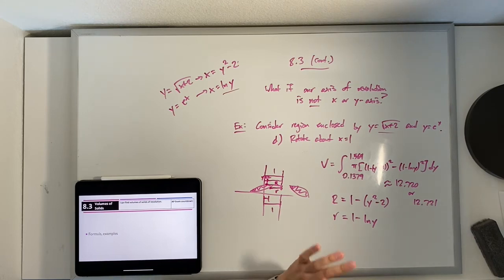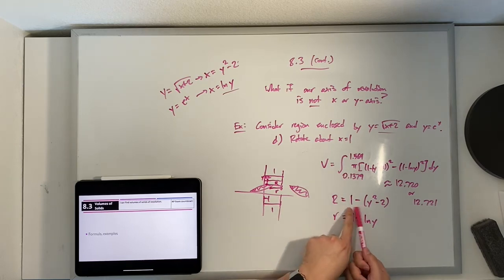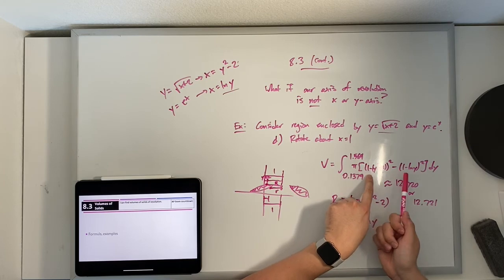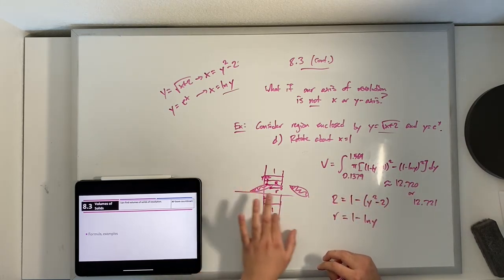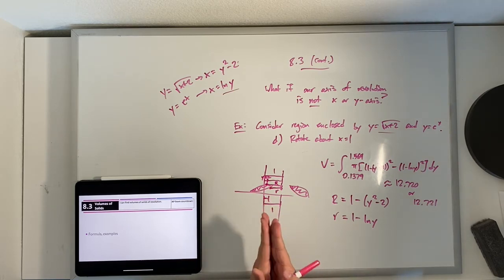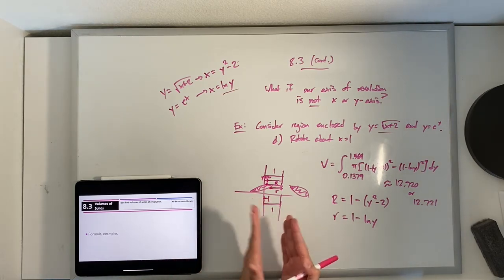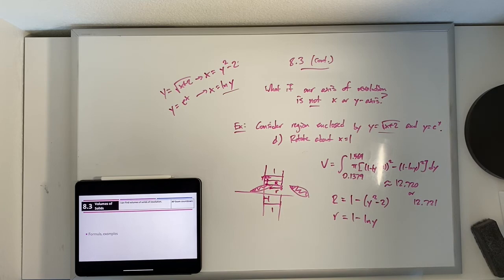Okay, let's generalize a little. Notice that sometimes I'm subtracting in here, sometimes we're adding, and that totally depends on where our axis of revolution is. We're trying to find those distances, so sometimes that means subtracting, sometimes that does mean adding that number.